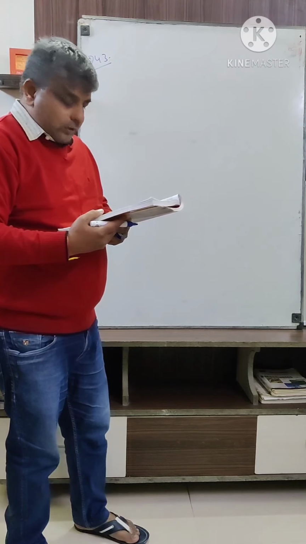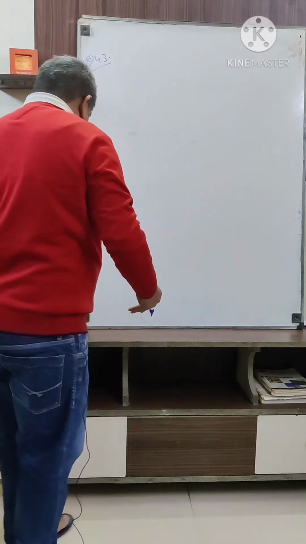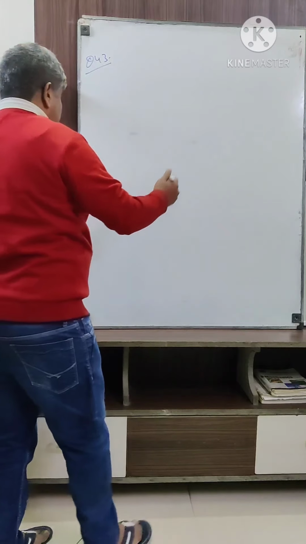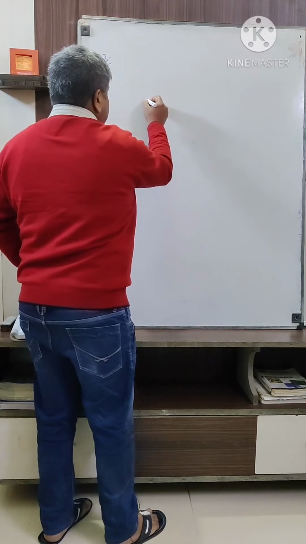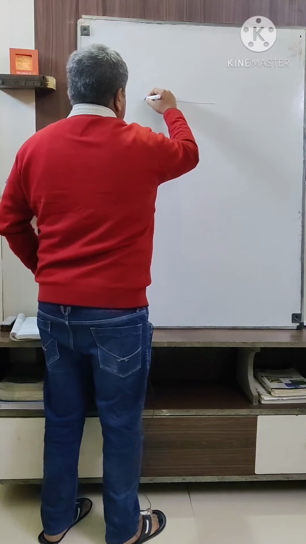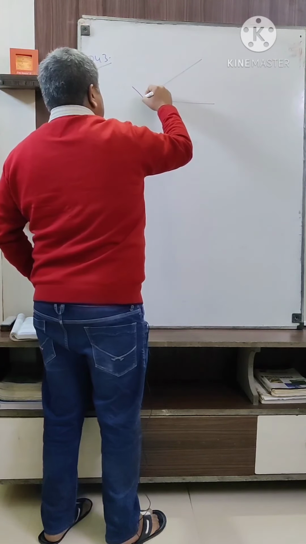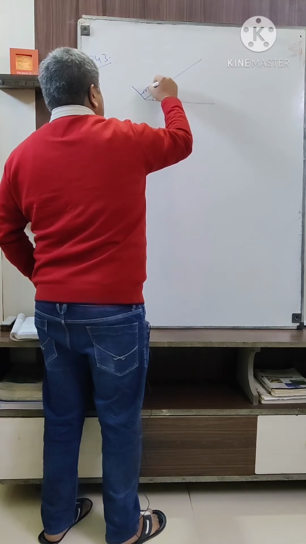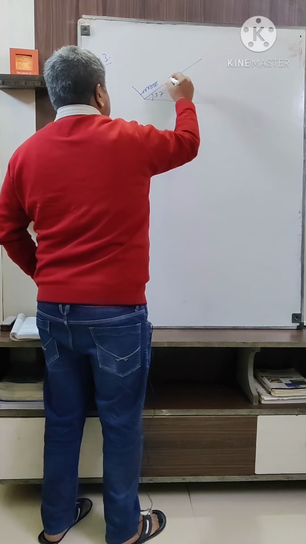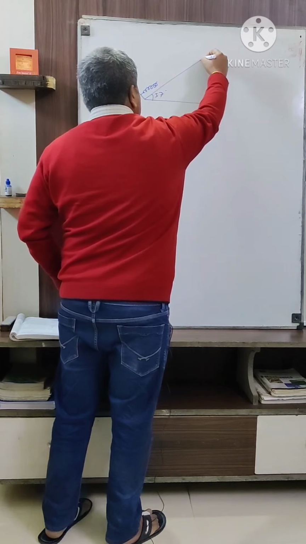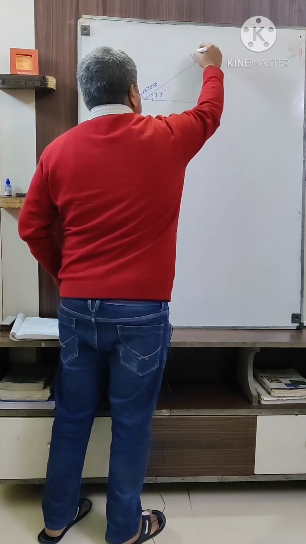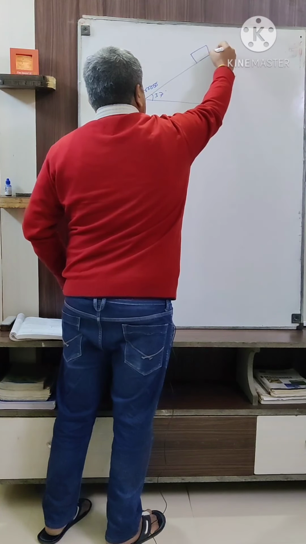So first of all we will draw the diagram and see what is given in the question. This is the incline and the angle is 37 degrees, and here it is a spring fixed here, and there is a block which is kept on the incline.